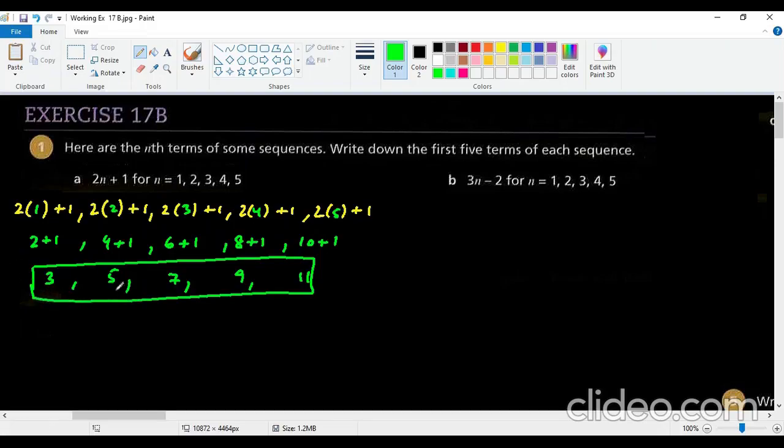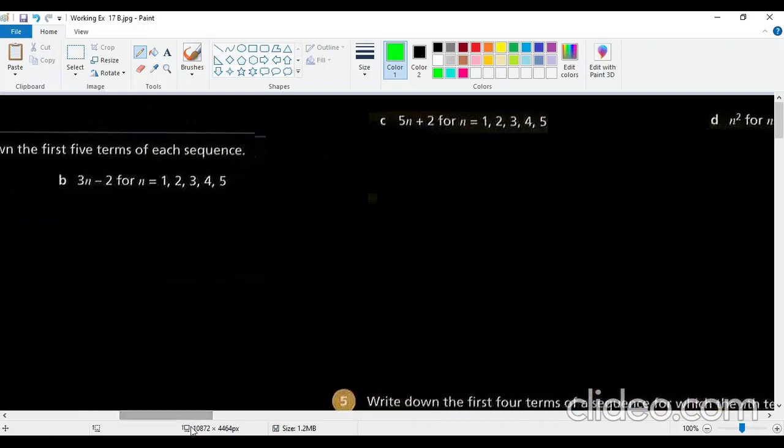supposed to find. Each one is called a term. The first term is 3, the second term is 5, the third term is 7, the fourth term is 9, and the fifth term is 11. Now the rule given here is 3n minus 2. So I will write 3n minus 2 five different times, because 1, 2, 3, 4, and 5 are to be found. 3n minus 2 is the formula or the term rule.